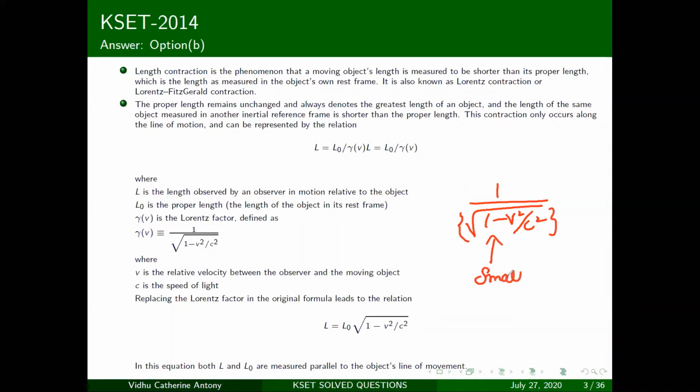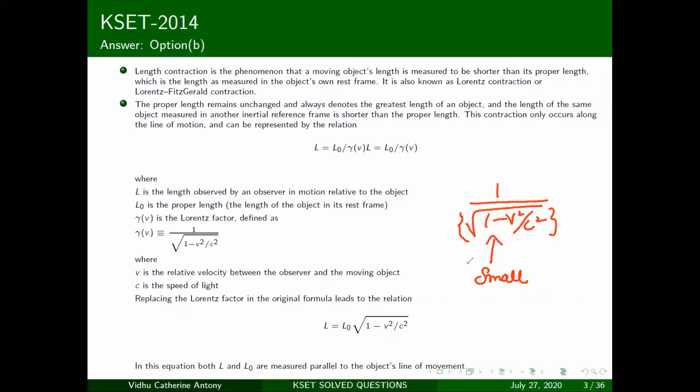I think you can actually do time dilation too here. So here this is a small quantity. When you take this quantity on the top and multiply it with the larger proper length, you end up with a smaller quantity. So you get length contraction. Now, if you're looking at time dilation, the time is becoming larger.